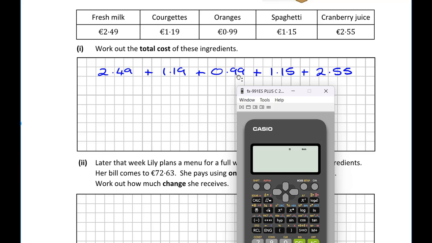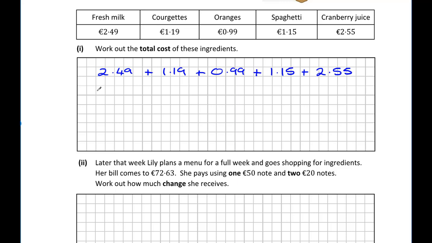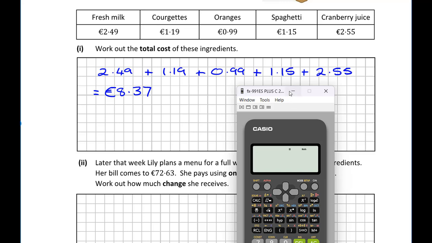Plus 99 cent is 4.67. 1.15 is 5.82. €2 is 7.82, and then 55 cent is going to be 8.37. But I would advise you to do it on the calculator.